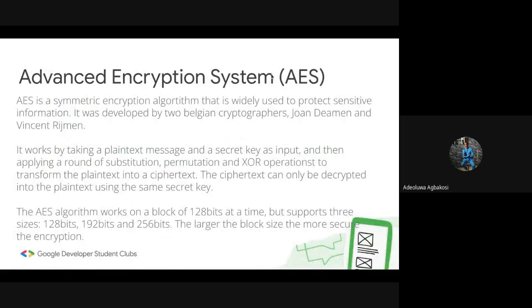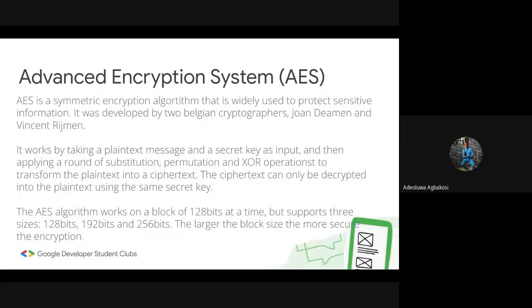Okay, now the Advanced Encryption Standard. The Advanced Encryption Standard was built to replace the Data Encryption Standard. So the Data Encryption Standard is the predecessor of the Advanced Encryption Standard. This is the one that has been mostly used even by some major governments.